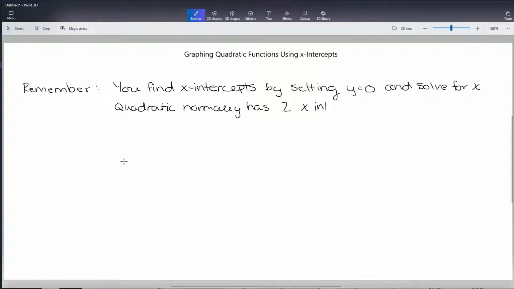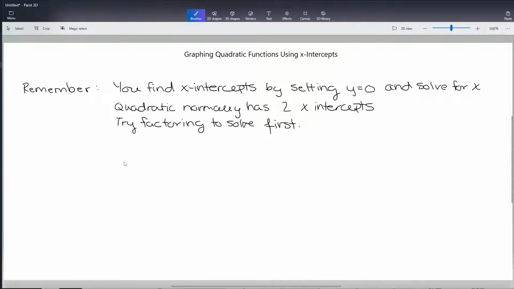Each x-intercept comes from one of those solutions, so we're normally going to have two x-intercepts. To start, we're going to try factoring to solve first. There are other things you can do to solve for x, but we're going to start by trying to solve by factoring.